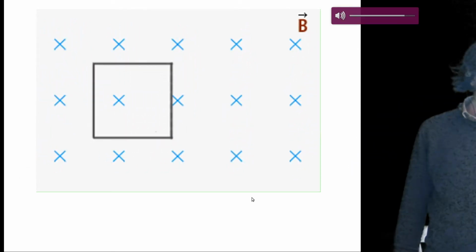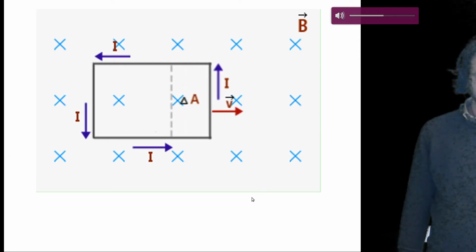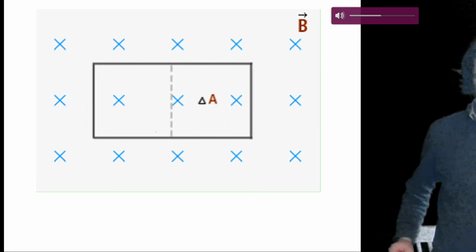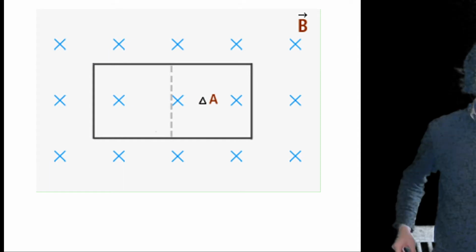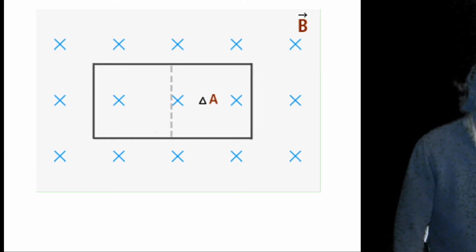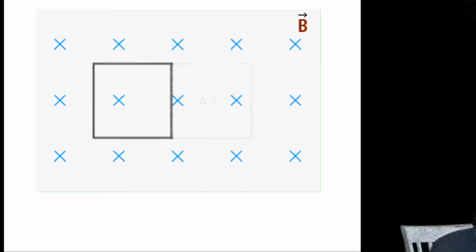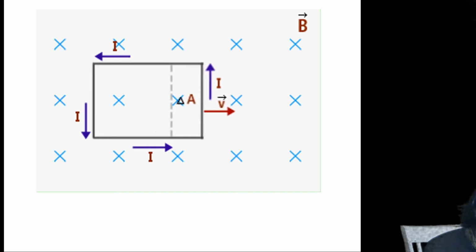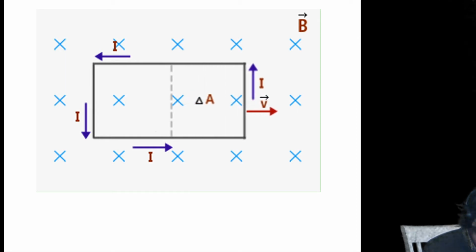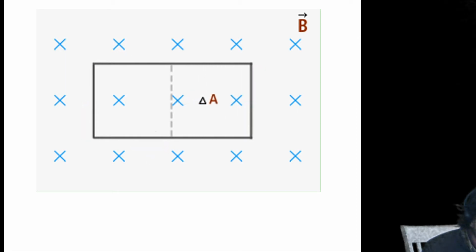When a wire cuts across magnetic field lines, a potential difference appears between its ends. The EMF that can be generated in this way is proportional to the rate at which the magnetic flux through the loop changes. To see why, recall that we can represent the magnetic flux through a loop by the number of magnetic field lines inside the loop.